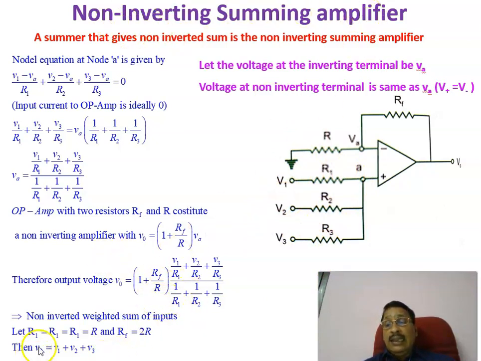If you make R1 equal to R2 equal to R3 equal to R, and the feedback resistance RF equal to twice R, and substitute in this equation, then the output voltage is equal to V1 plus V2 plus V3, the summation of the voltages, provided R1 equals R2 equals R3 equals R, and feedback resistance RF equals 2R.